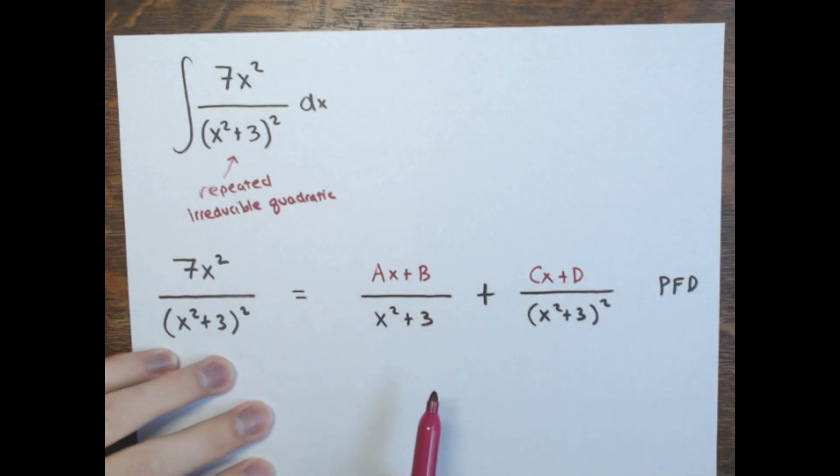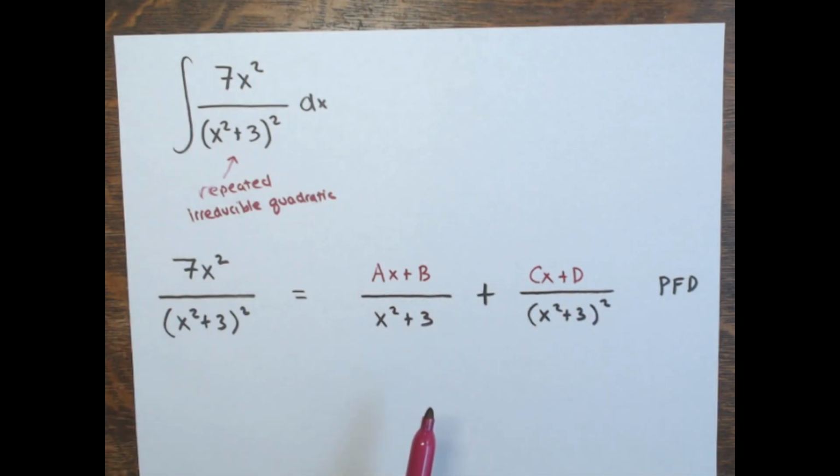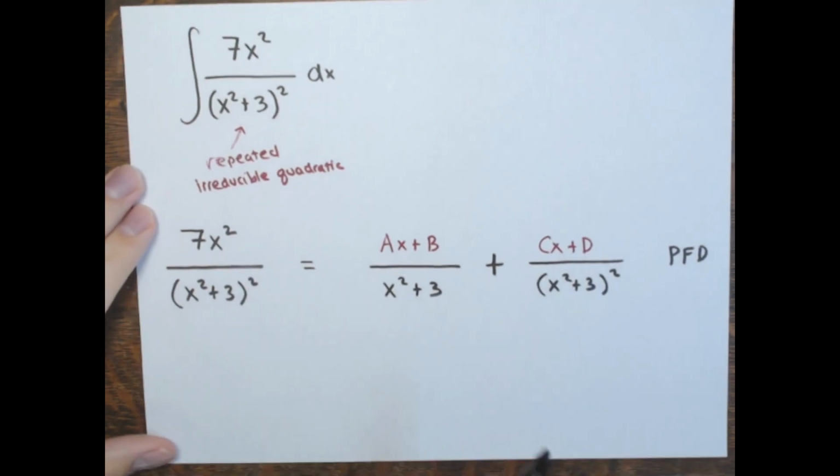So I got four constants, a, b, c, and d defined. And again, powers of quadratics need linears above them. Powers of linears need constants above them. We've seen that plenty. Right, so now I need to find a, b, c, and d.